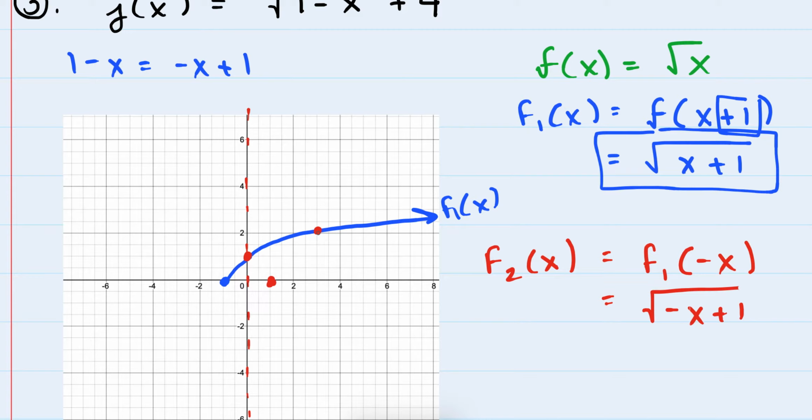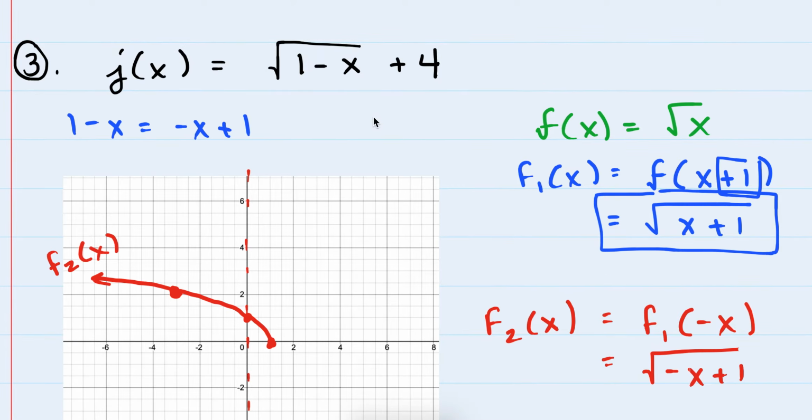So then this point now goes to 3, 2, which is right here. And now we're going to connect them to make it look like that. Make that bigger here. And we can erase this graph. And now this graph is f2 of x.